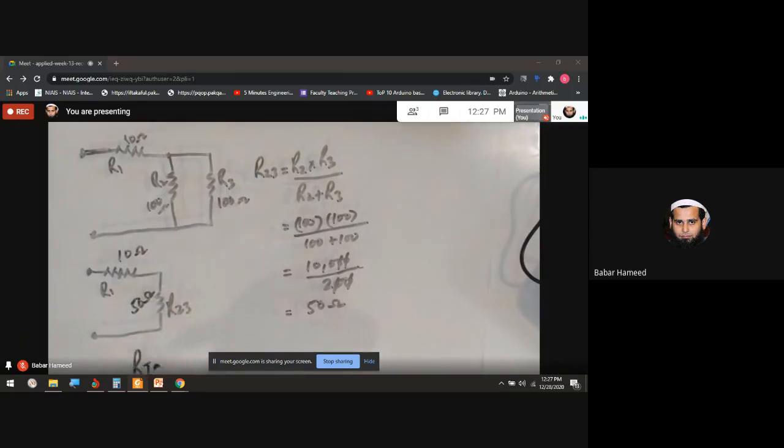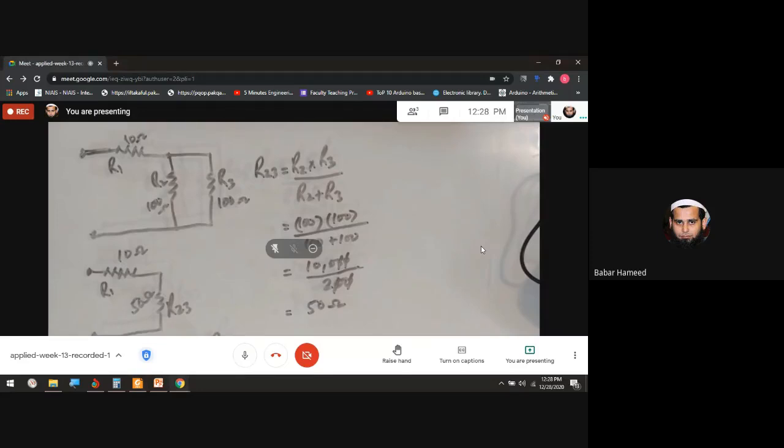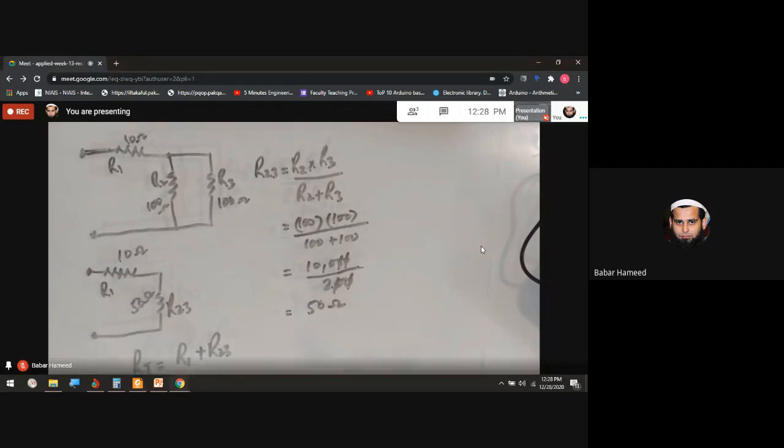So here the total resistance RT will be R1 plus R23, and it will be equal to 10 plus 50. This is a simple problem.